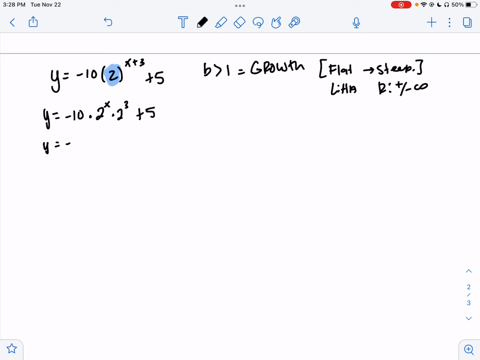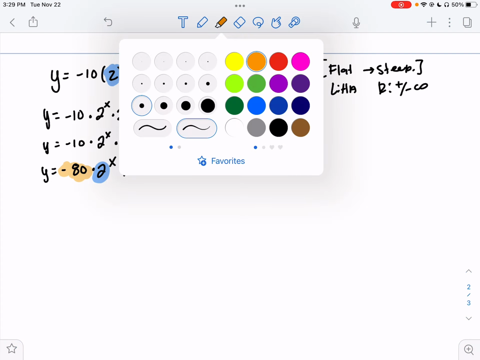So I get y equals negative 10 times 2 to the x times 8 plus 5. Now I can do any multiplication. Negative 10 times 8 is negative 80. And now I have an equation in the form of y equals a times b to the x plus k.